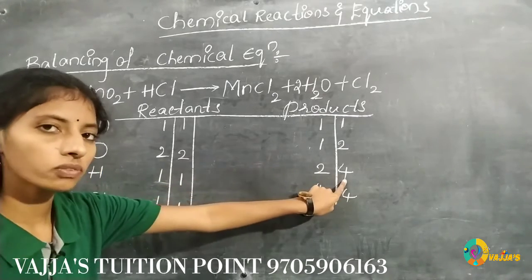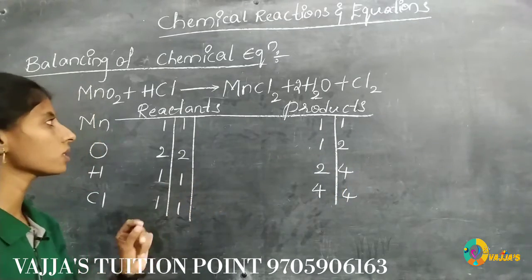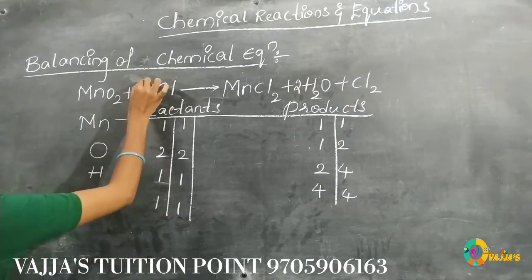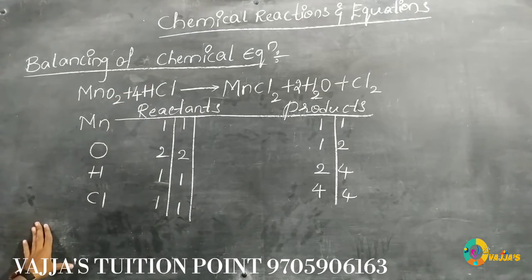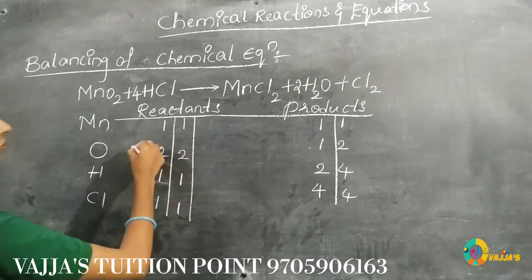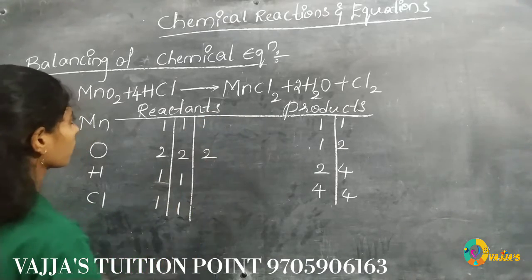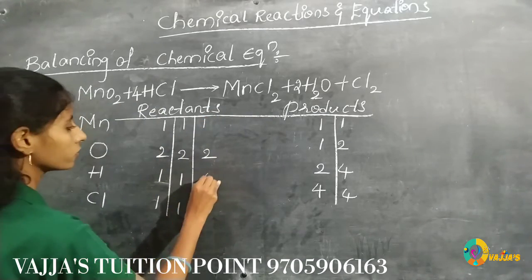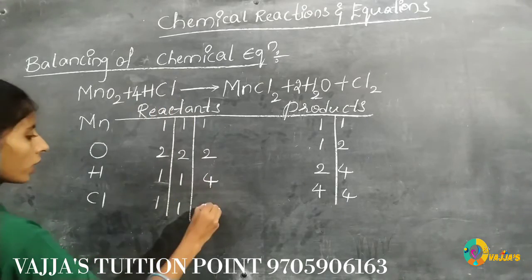On the product side we have 4. So on the reactant side we have to balance the hydrogen atoms. For that purpose I want to take the number as 4. Here we are not changing any number, so I am writing like this only. Now here we have 4 hydrogen atoms and 4 chlorine atoms.